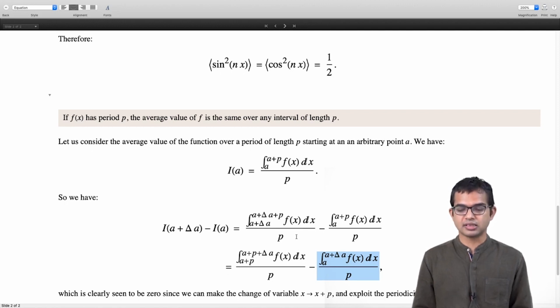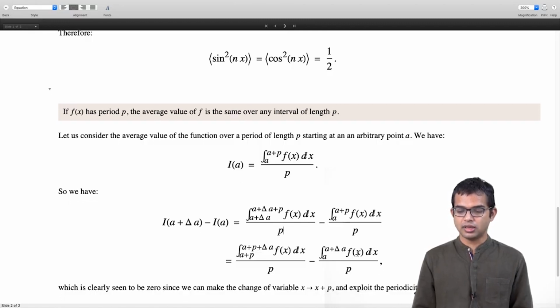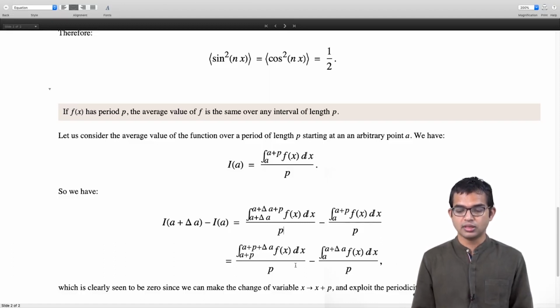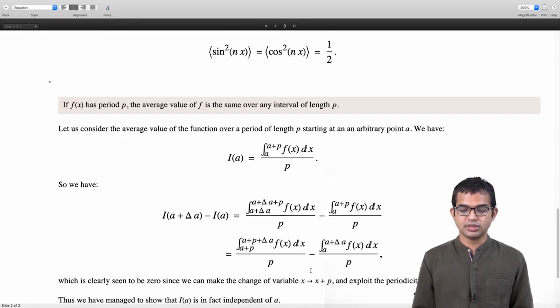These two will cancel and you'll get 0, and the reason is you can just do a change of variable. x can be made to go to x plus p, and then you'll immediately see that if you invoke the periodicity, f of x plus p is equal to f of x, therefore both these integrals are the same, and the denominator is the same p in both, therefore the difference will be 0.